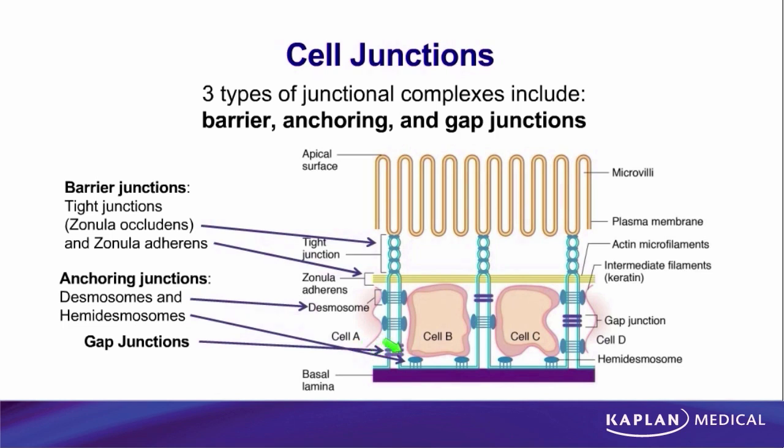So where cells need to communicate with adjacent cells in order to coordinate their activities, we're going to find gap junctions. For example, when we get to the heart, in order for the cardiac muscle cells to coordinate their activities so that you have a coordinated contraction of these cells during cardiac contraction, we're going to want to have gap junctions to allow communication between cardiac muscle cells.